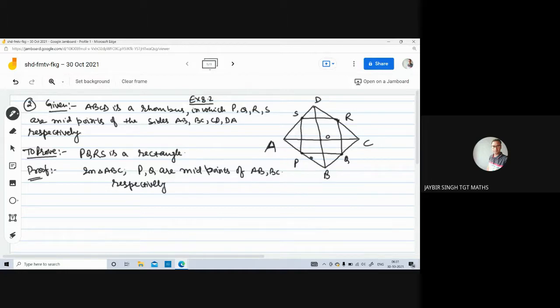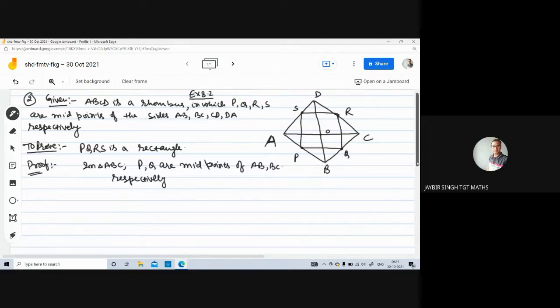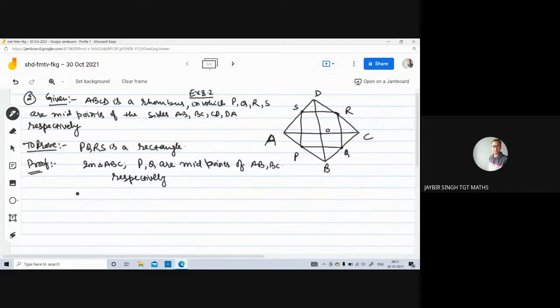This P is midpoint of AB and Q is midpoint of BC. So by midpoint theorem, we can say PQ will be parallel to AC and PQ is half of AC. This is by midpoint theorem.